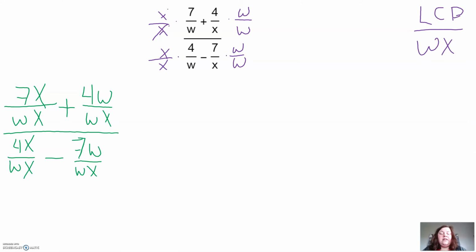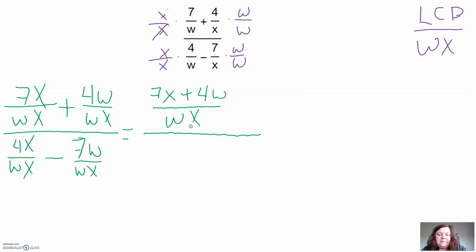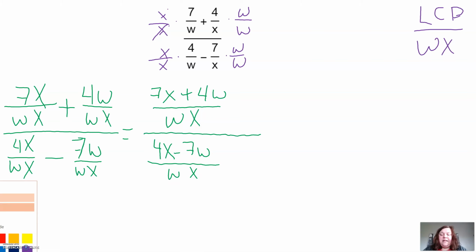Now notice all of these denominators are now the same. So I could write this as one fraction over another fraction. So 7x plus 4w over wx. In the bottom I'll have 4x minus 7w over wx. Now the same thing is going to happen here.